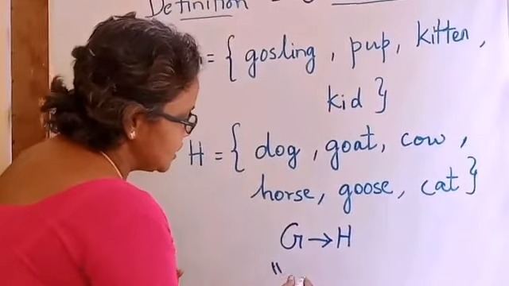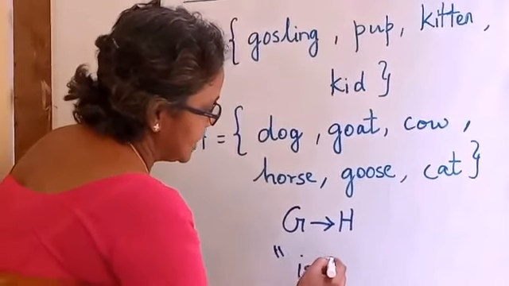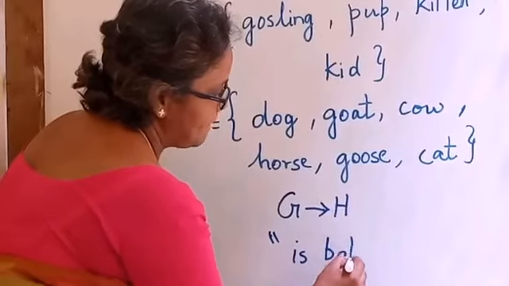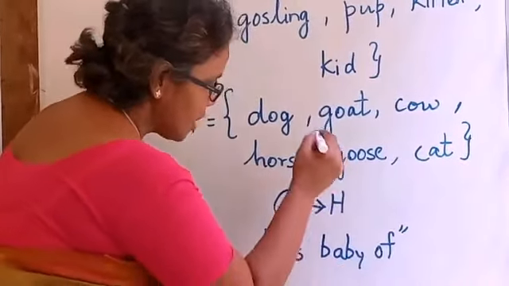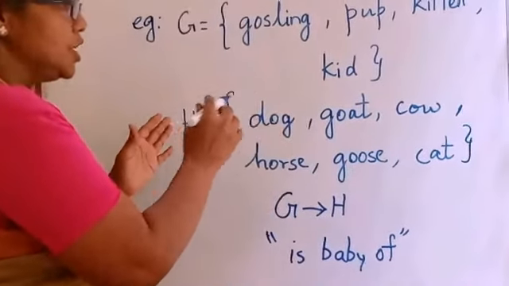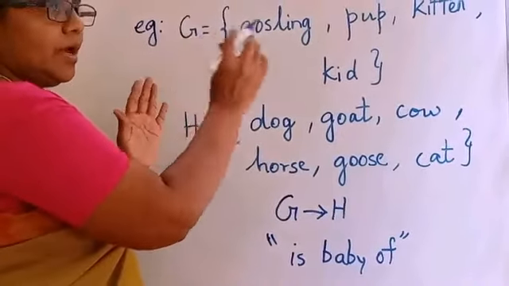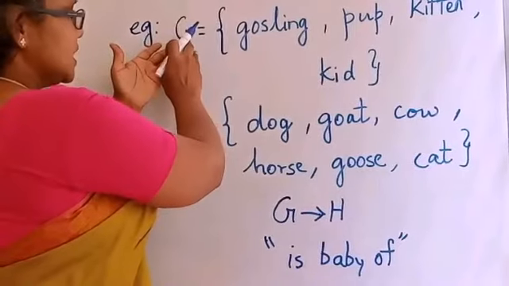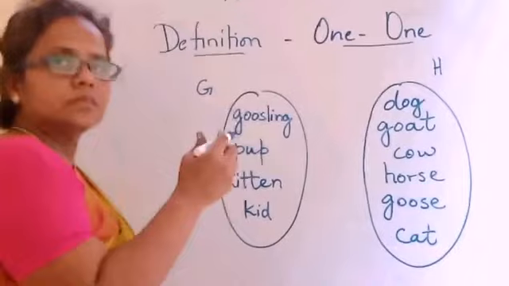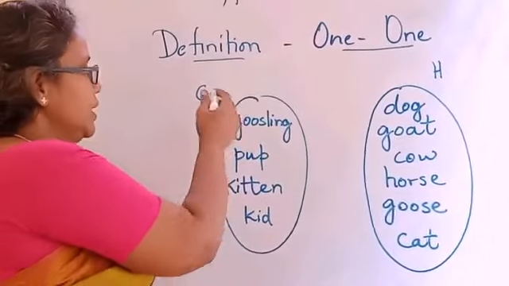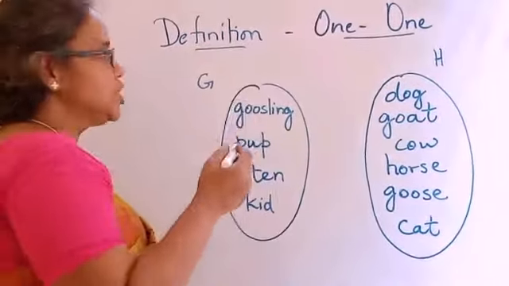Now what is the relation that we are going to see? Is baby of. I will show you the correspondence between the set G and H by means of the arrow diagram. Shall we show the relationship between the set G and H?